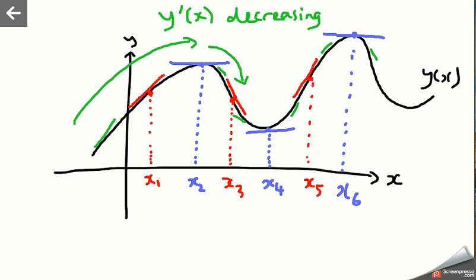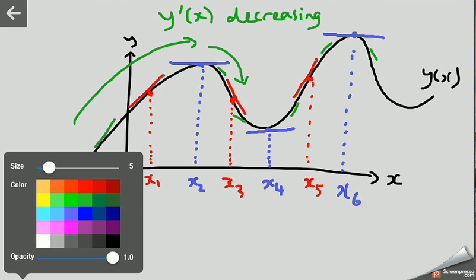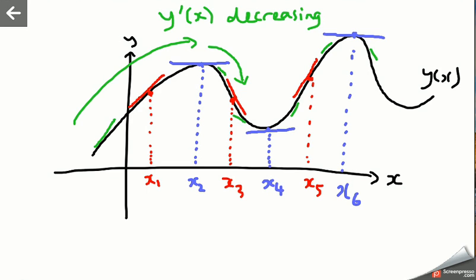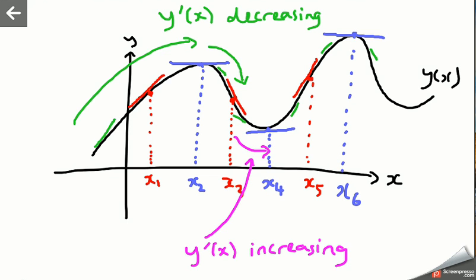And so on this interval here, I'll use this color, I hardly ever use purple, y prime of x is actually increasing. And it continues to increase all the way up to about here.